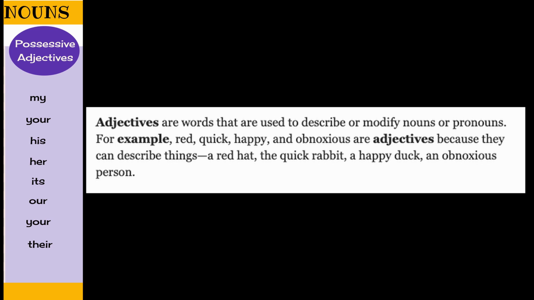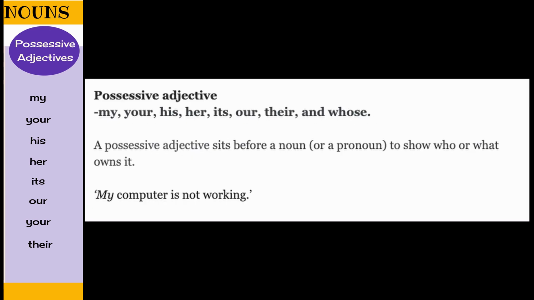These adjectives come before a noun, they describe the noun. Similarly, possessive adjectives describe who owns something, who something belongs to. A possessive adjective sits before a noun or a pronoun to show who or what owns it.